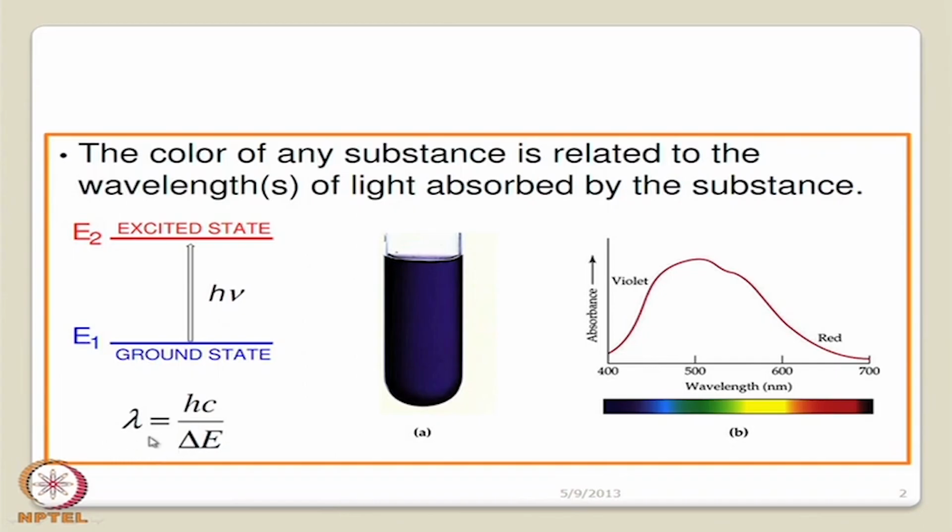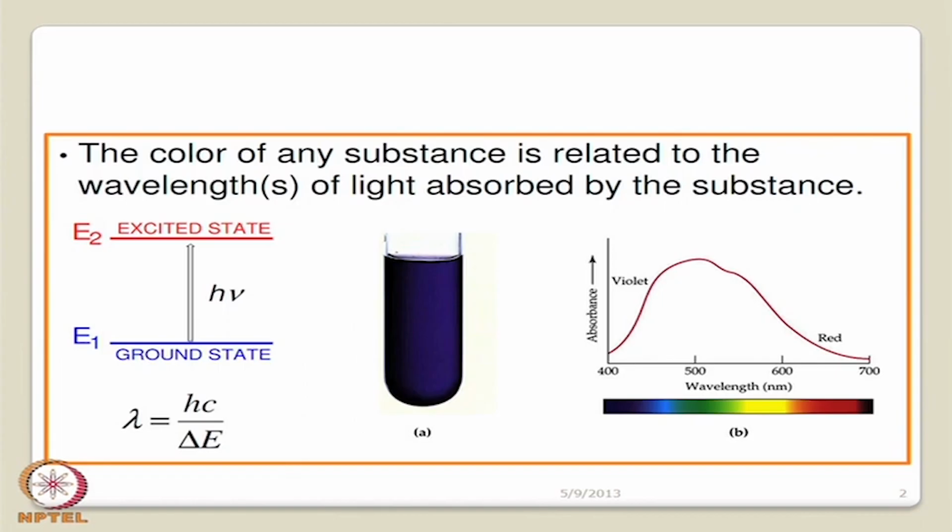We can calculate the corresponding energy gap, E1 minus E2, as delta E, and that energy gap corresponds to an h nu value, and hc can be used to find the lambda value for the corresponding absorption. So we should have some idea about the gap between the ground state and the excited state for the color we will get for a compound in solution.